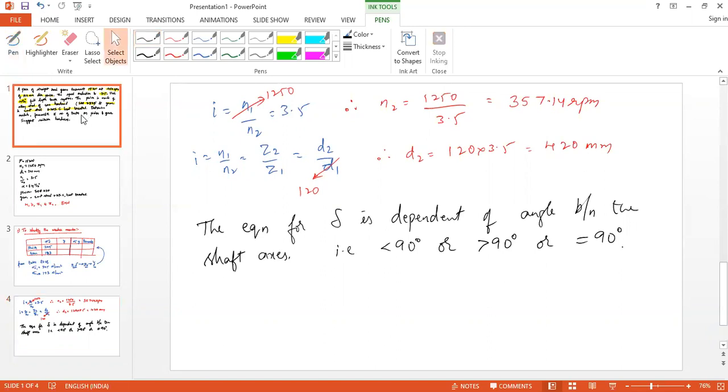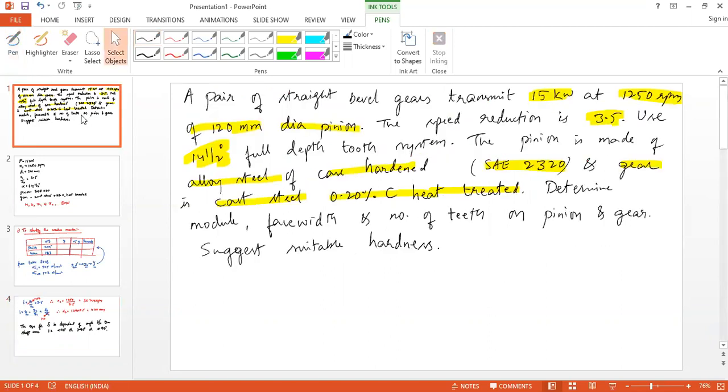So what is the angle between the shaft axes? Not given, sir.